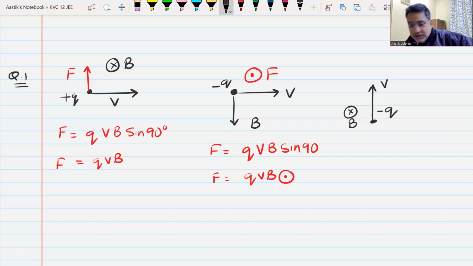Obviously you can convert them into vectors and get your answer, but getting the answer in the scalar form is always more beneficial. So what will be the formula for the force? Who will tell me the magnitude and the direction?